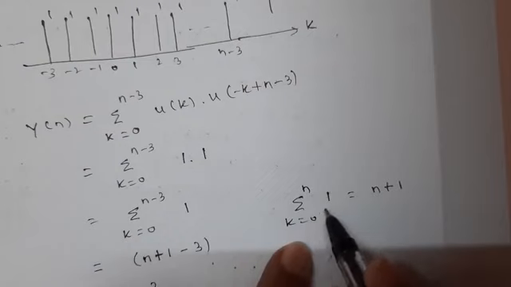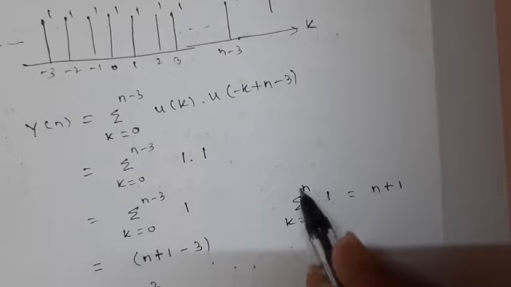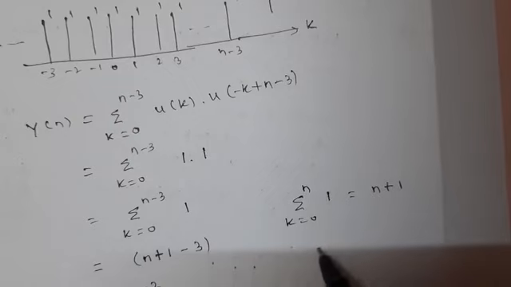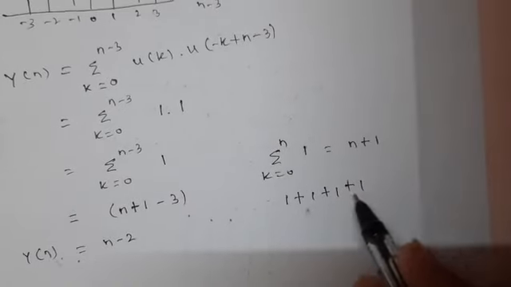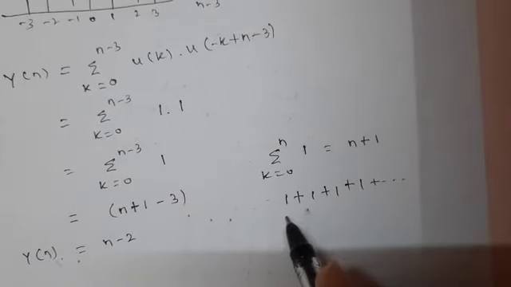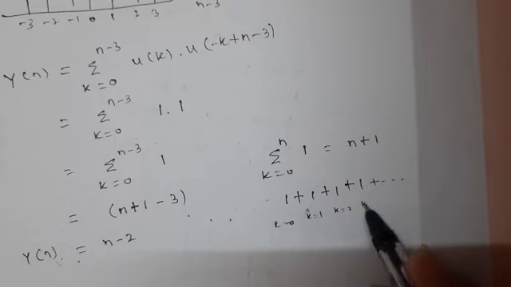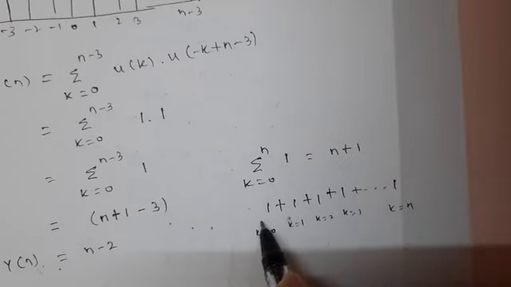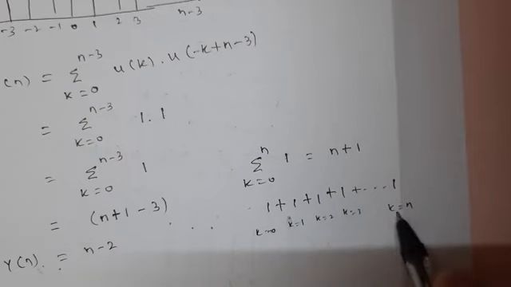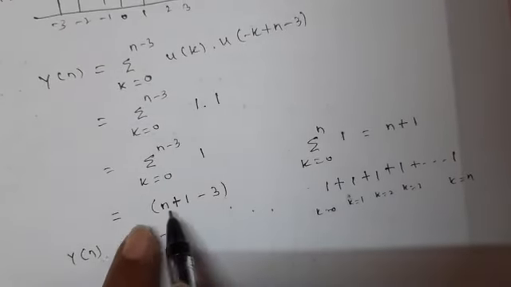At 0 you have 1, at 1 you have 1, at 2 you have 1 and so on till n. So 1 plus 1 plus 1 plus 1 and so on: this is k equal to 0, this is k equal to 1, this is k equal to 2, this is k equal to 3 and so on, this is k equal to n. So once you go on adding this, it will be n plus 1.